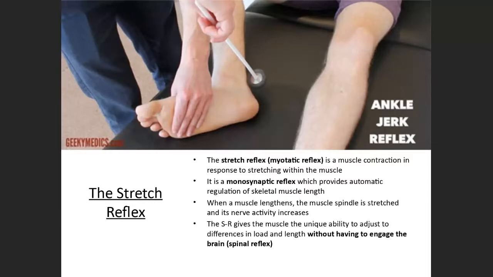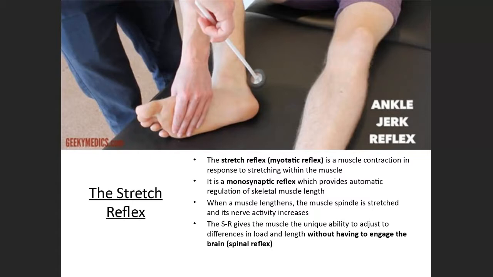We don't want stretching to be painful. So we can artificially stimulate this stretch, this myotatic reflex. And this is where we use the tendon hammer. For example, if we were to strike the tendon of the knee, we can get a muscle contraction in the quads as the hamstrings relax.